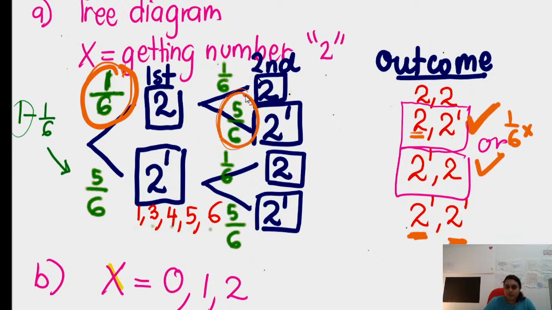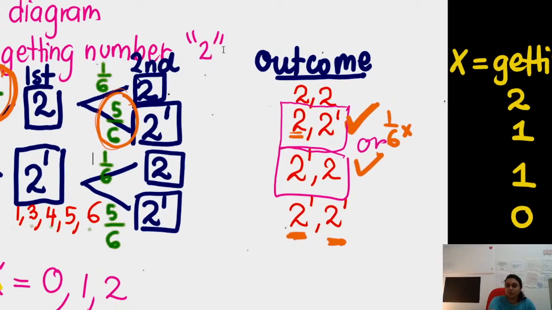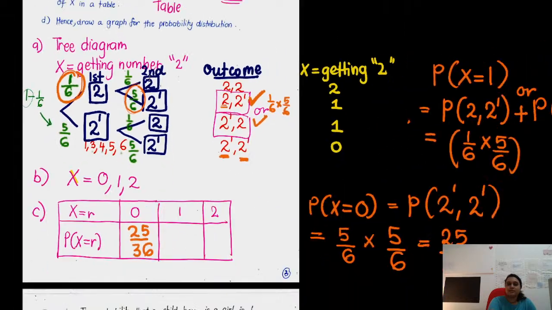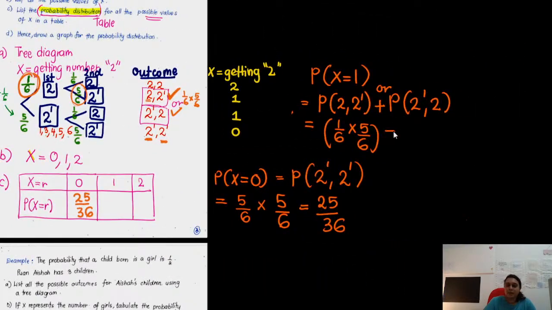Not getting 2 is this one, 5 over 6. So you times with 5 over 6. Okay, so 1 over 6 times 5 over 6 plus, okay, the other side, 2 prime. So that means that is 5 over 6 times with 2. 2 is 1 over 6. So we'll get the answer here, 5 over 36 plus 5 over 36. Okay, 5 over 80.